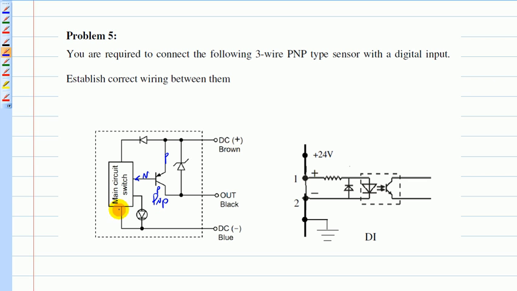If the switch turns on the two terminals here, it'll allow current to go here. So you have a small current, and then this transistor will be on. If this is on, then the current will flow through here and go out here. So that's why it's sourcing. It's giving current out of this sensor.